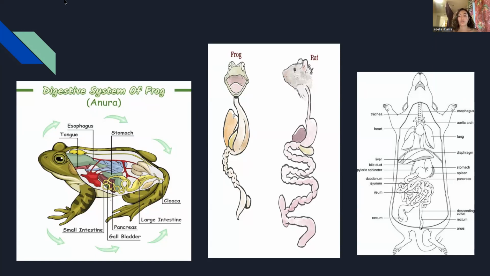While on the right side is the layout of how a rat is and what they have. So like the similarities and differences, you could see in both of them what they have that's similar and what they don't have. And the middle picture is a picture of a frog and rat with the similarities of the intestines and not and so forth.